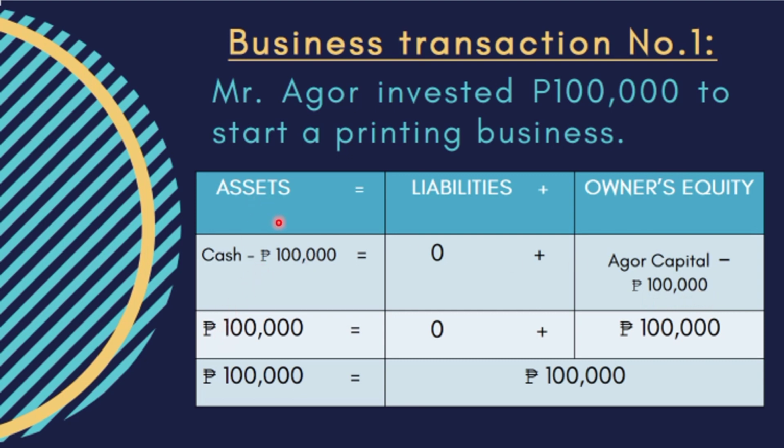So, assets equals 100,000, equals liabilities, 0, plus owner's equity, Agor capital, 100,000. So it is balanced: the total assets is equal to liabilities plus owner's equity, which is 100,000.